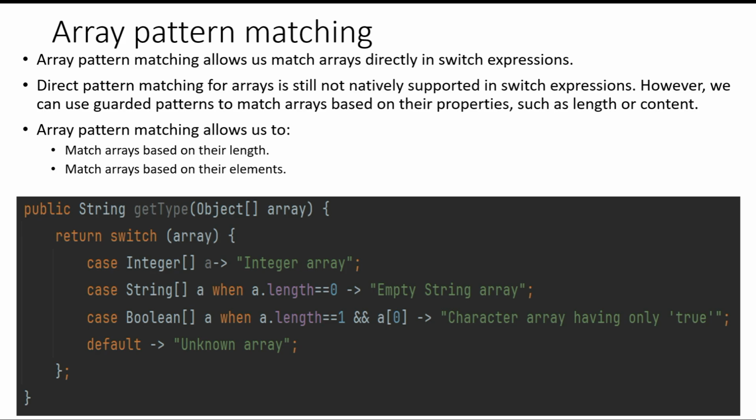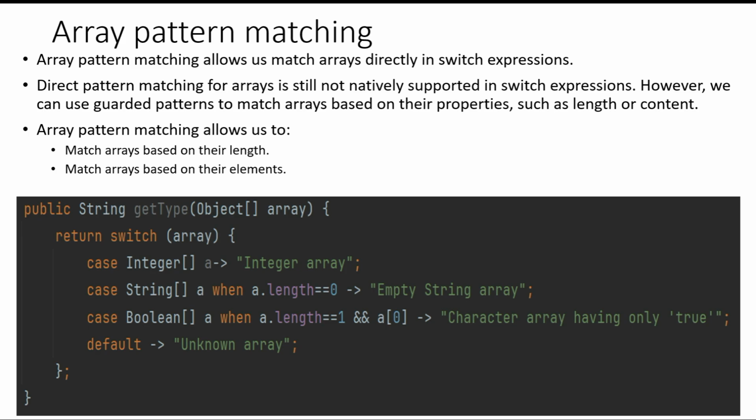Here in this screenshot, the getType method is going to accept an argument of type object array. In the switch expression, I have defined three cases to handle the integer array, string array, and boolean array. I have also defined one default case which would be executed when this array is neither integer array or string array or boolean array.